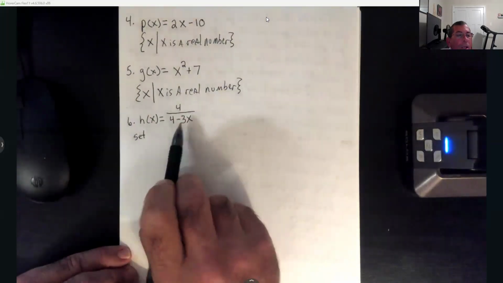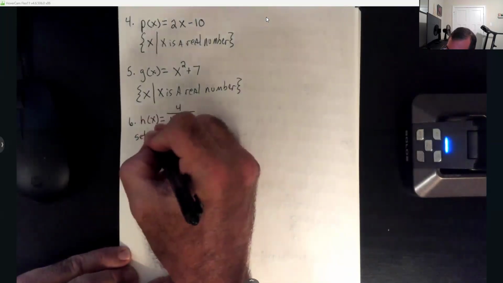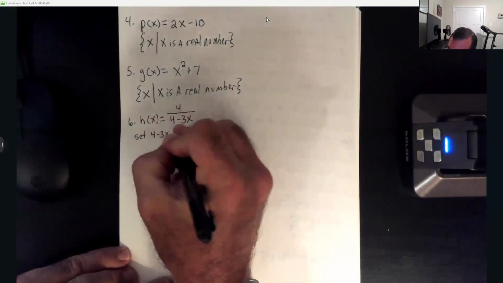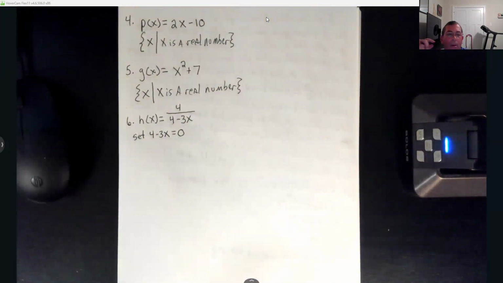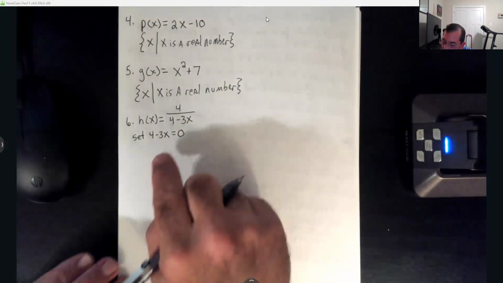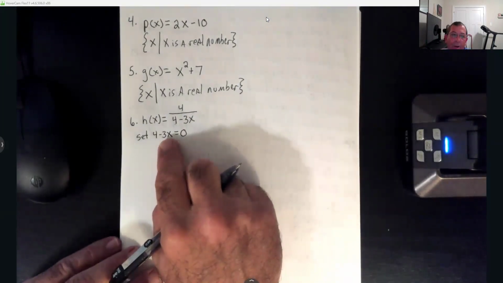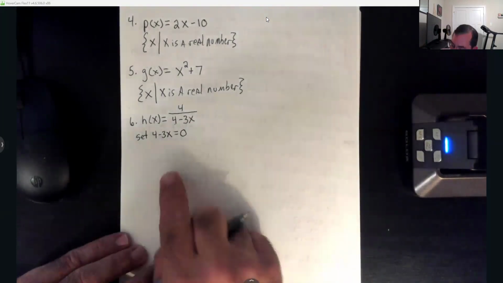And remember, we're only concerned with the denominator here. So set 4 minus 3x equal to 0. We'll solve that. And then that x value is going to get kicked out of my domain. And y'all, that's why we're actually setting them equal to 0. Because that's what we cannot have here, okay?